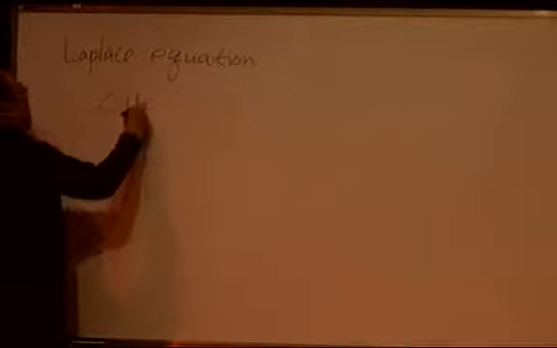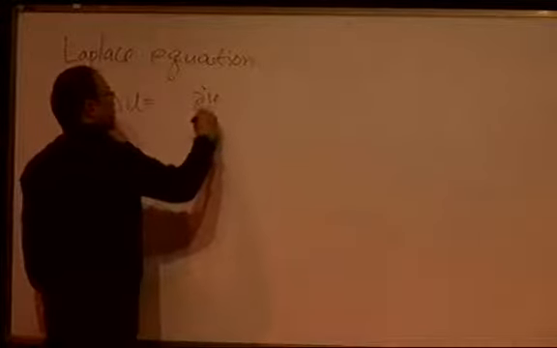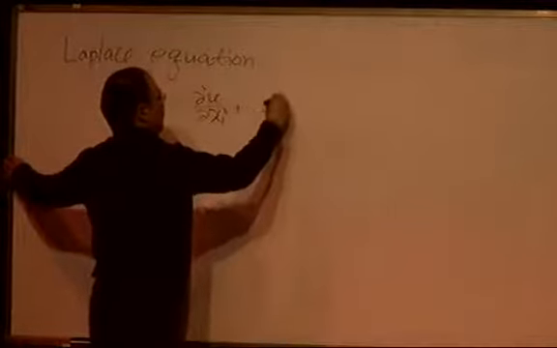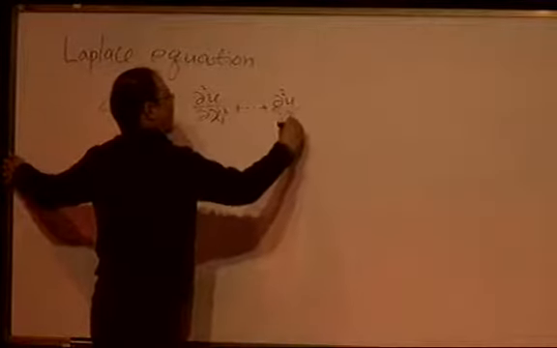The Laplace equation is the Laplacian of u, and the Laplacian of u is basically the sum of second derivatives: the second derivative in x1 squared, up to x n squared.